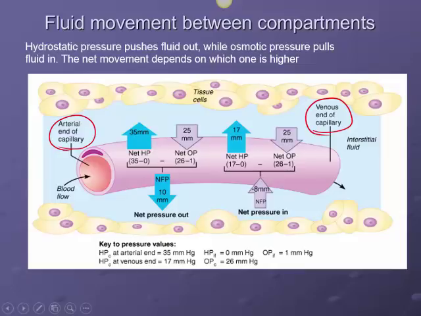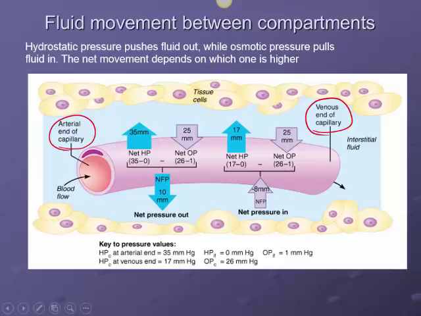So fluid moves out at the arterial end of the capillary. That fluid moves out and it's going into the interstitial space. It bathes these cells, and based on what the solute concentration is here, it will either pass into the cell or remain there. Now the flow kind of becomes slow and it comes into the venous side of the capillary.